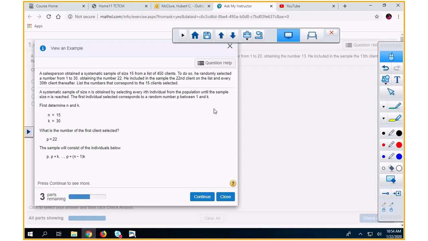The sample will consist of the individuals, P, which is going to be 22, and then somebody take 22 plus 30. That'd be 52 would be your next number. Then dot, dot, dot. Then P plus, what's P plus 14 times 30? Well, 14 times 30, that'd be 140, it'd be 420. That's your last number. 420 plus 22 is 442.